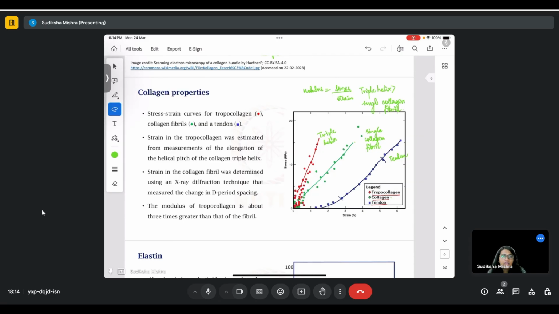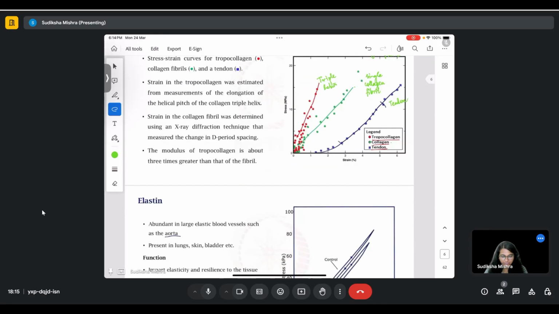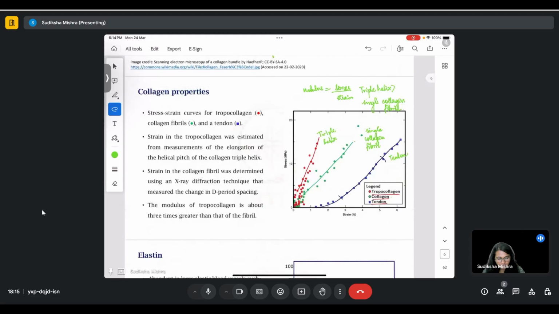However, the tendon has multiple such tropocollagen or triple helical structures. The modulus of the tendon is not linearly elastic; it does not have a linear modulus. It has a varying modulus. We'll look at that in detail in later slides. For now, essentially, the modulus of tropocollagen is about 3 times greater than that of the single fibril.